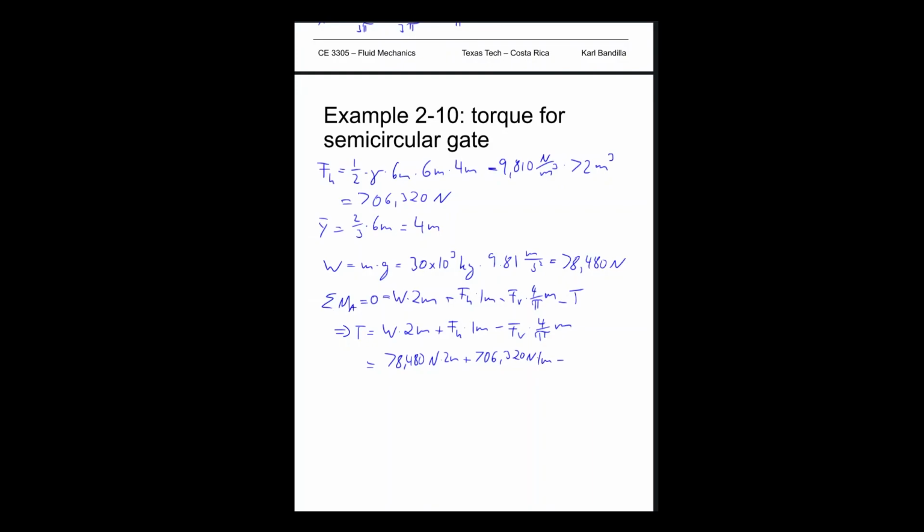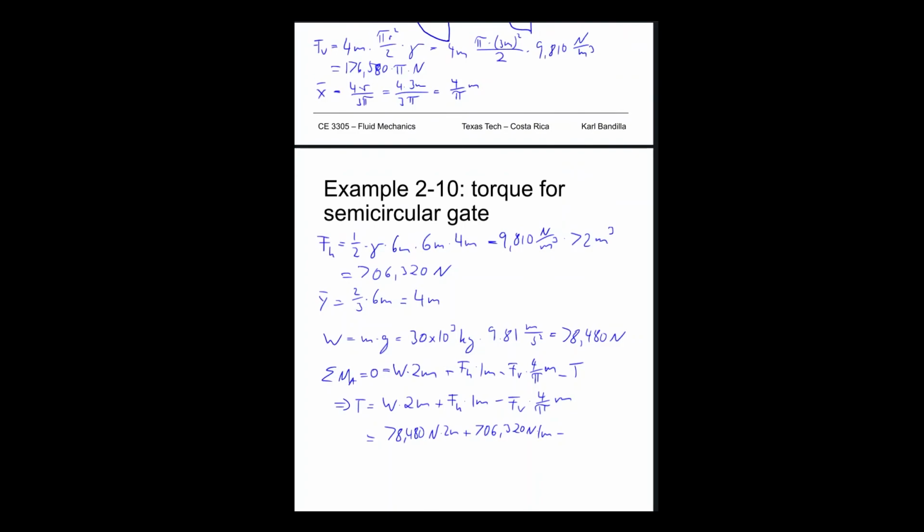And then minus FV up there is 176,580 times pi Newton, and then 4 over pi meters. Now we can see why we kept that pi in there, because of course it cancels out.